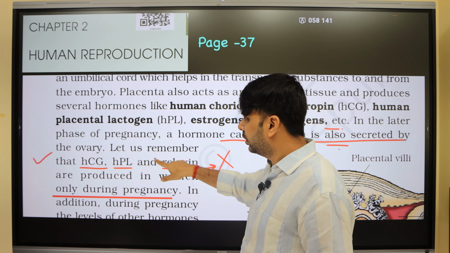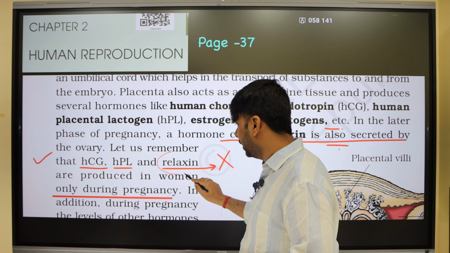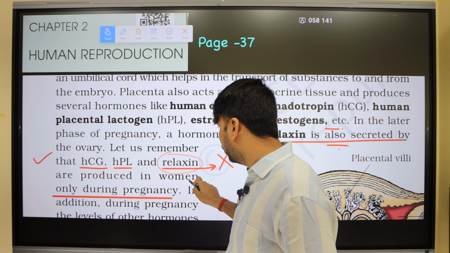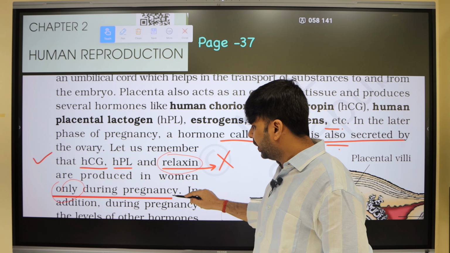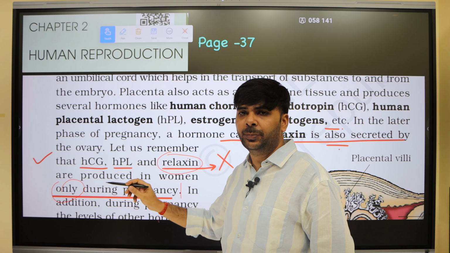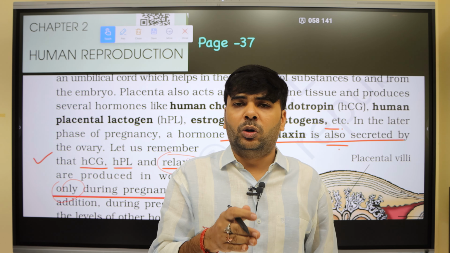Let us remember that HCG, HPL and relaxin, as mentioned here, are produced in women only during pregnancy. Wrong. For relaxin I'm saying wrong, not for HCG, not for HPL. HCG and HPL are released only by the placenta.